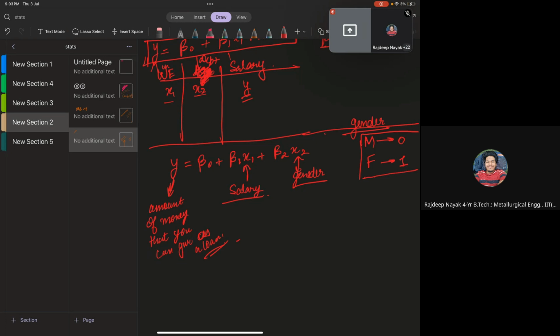Now think. So x2 belongs to these two values.